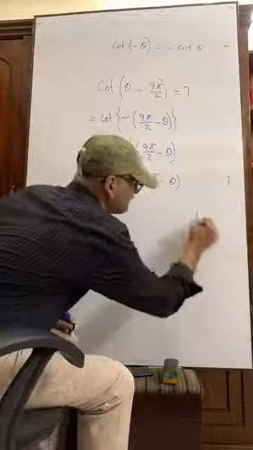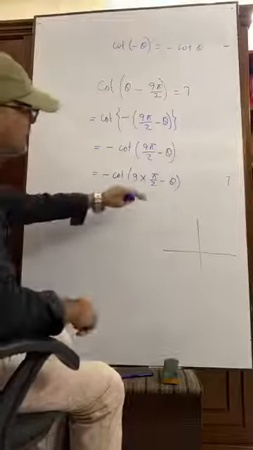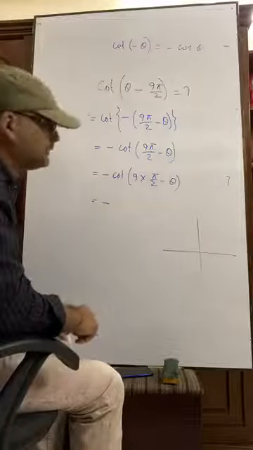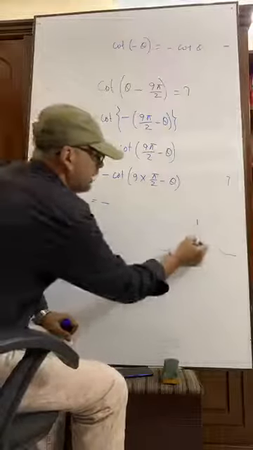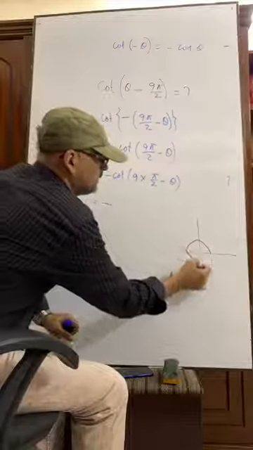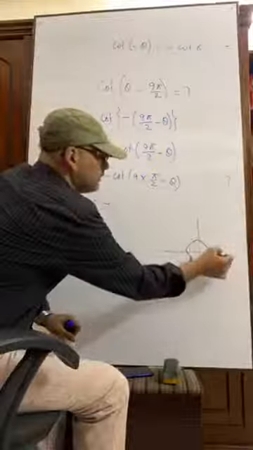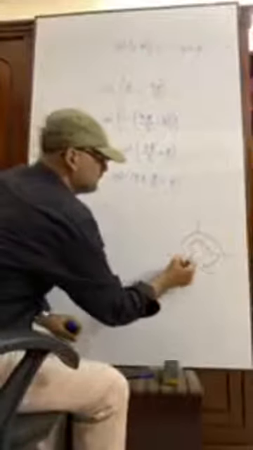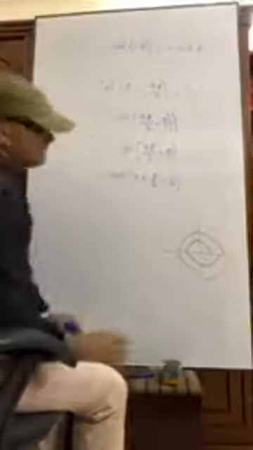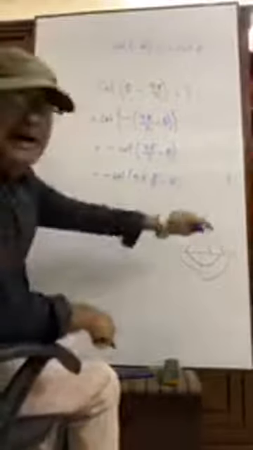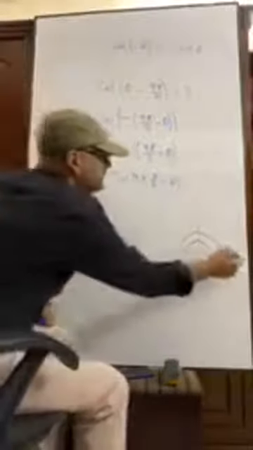This is how many pi by 2? 9 pi by 2. 1, 2, 3, 4, 5, 6, 7, 8. Have you seen? 8 pi by 2. This is 9 pi by 2.